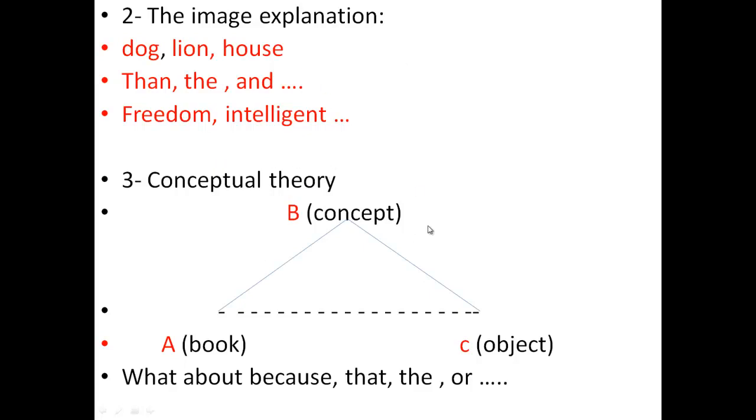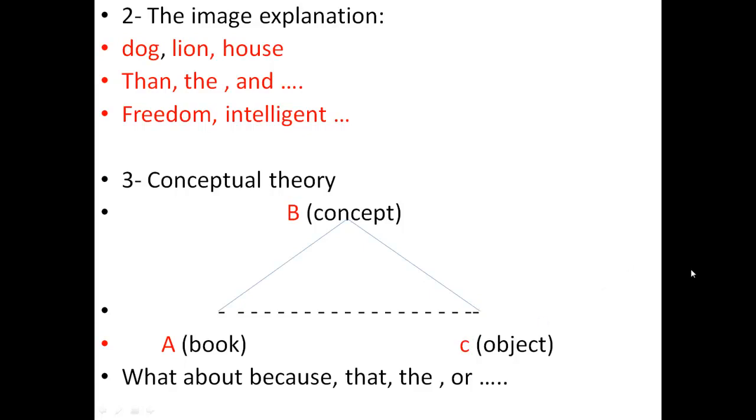What does this suggest? Through this first brief survey of the three theories, first the referential theory, the image theory, and the conceptual theory, all of them try to explain words by referring to things that exist outside language.